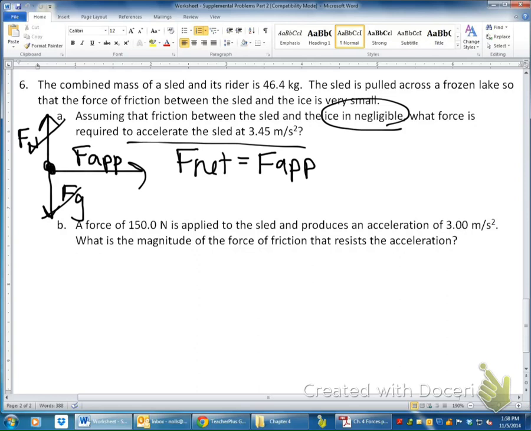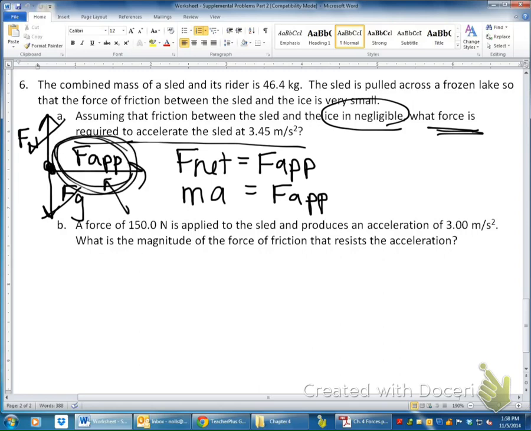Okay, now we can do our substitutions. Net force is also equal to what? Mass times acceleration. And we're solving for that applied force, because it says what force is required. That's talking about that applied force that we're trying to find. We're trying to find this applied force right here. Okay, so we know our mass and we know our acceleration.